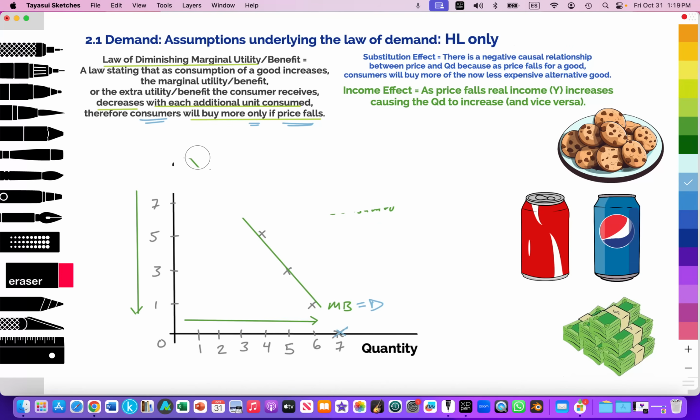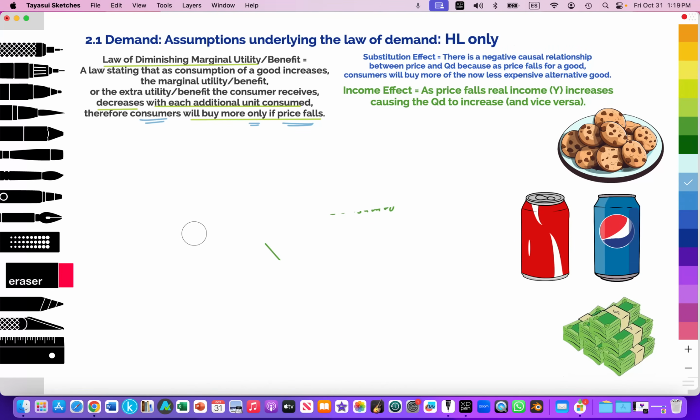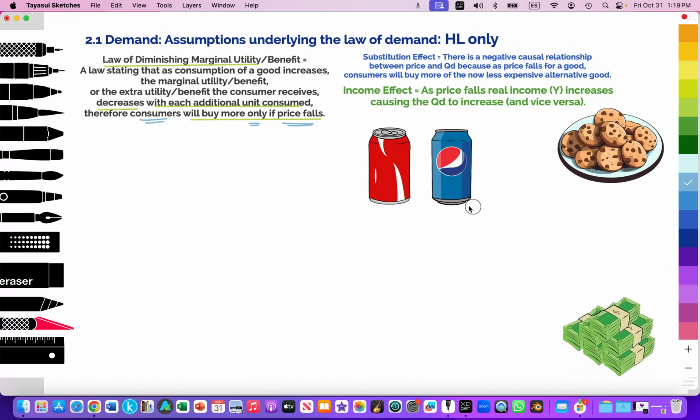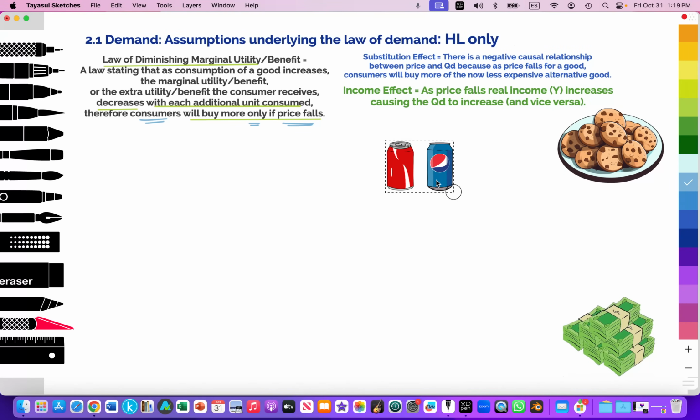Okay, so in the substitution effect, we're going to use Coke and Pepsi as our real world examples. And I'm going to move these two, actually, so I can place them over here. I'll just place these right over here.